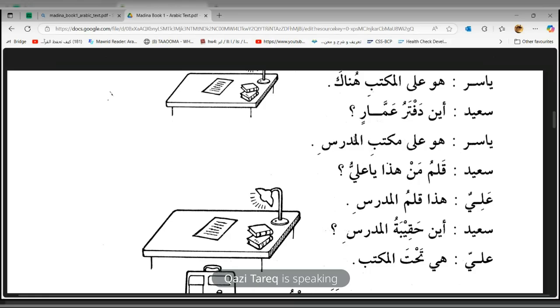You say maktabil. The meem is below the lam. Then mudarris: the meem takes a dhamma, the dal takes a fatha, and the ra takes a shadda with a kasra. Mudarrisi.